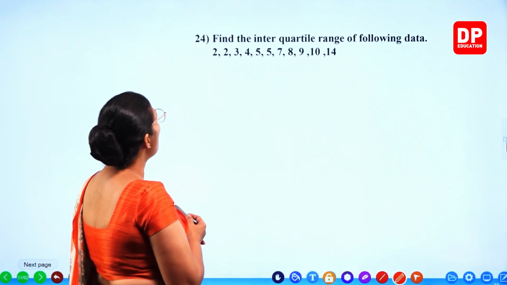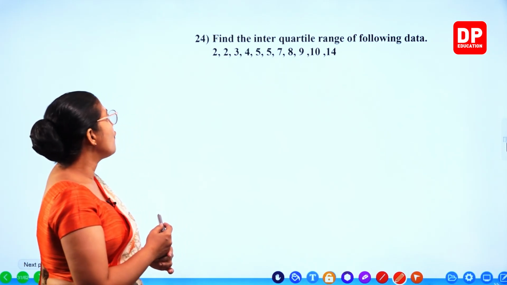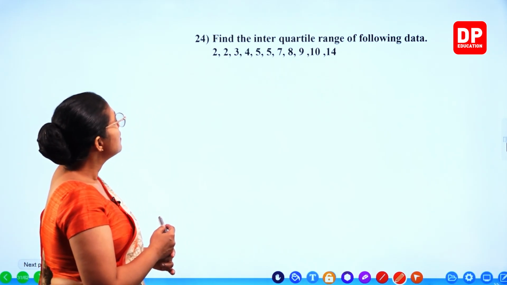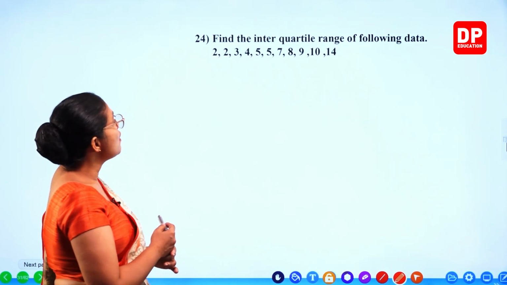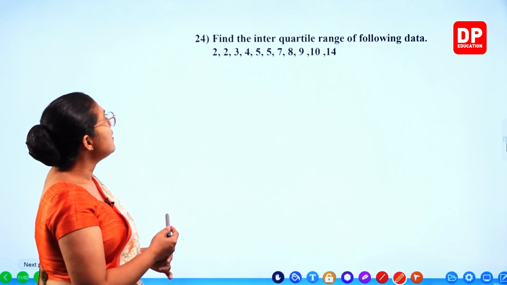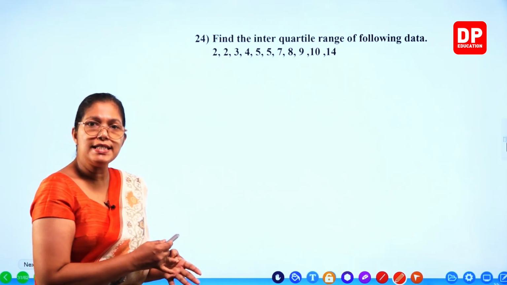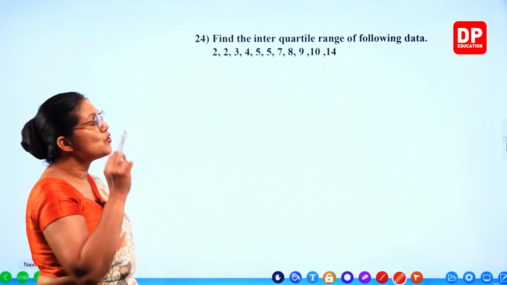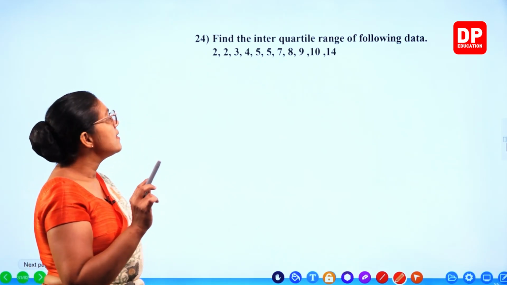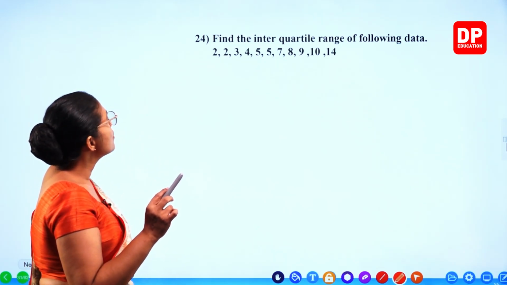Question number 24. Find the interquartile range of the following data. You have to check whether this is in order. So this data set is in order. So first you can cross out and find the median, first quartile and the third quartile. The difference between the first and the third is the interquartile range.